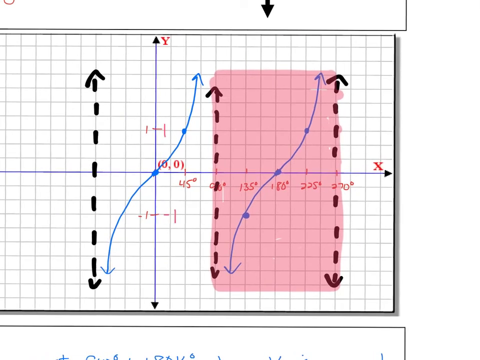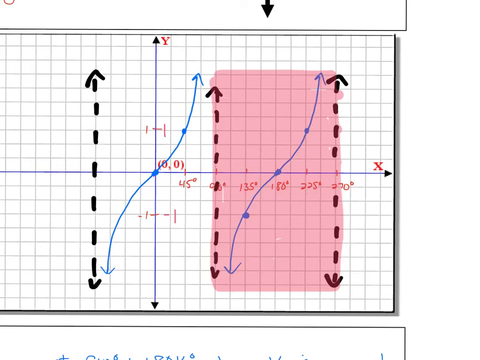From negative 90 to 270, we got these vertical asymptotes, and then we have this curve. It's very similar to x cubed. That same thing repeats itself over here. From negative 90 to 90, we got these vertical asymptotes, and then we have this curve. This basic shape will repeat itself forever, from left to right, continuously. It's a periodic function. Its period is 180 degrees.